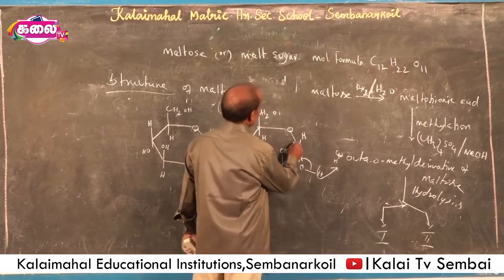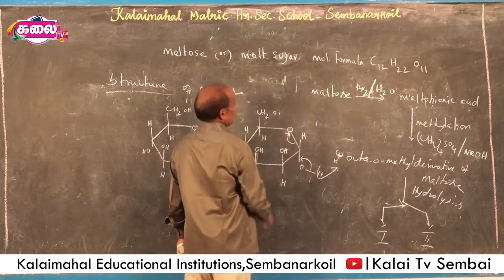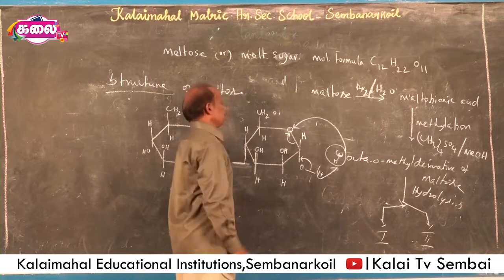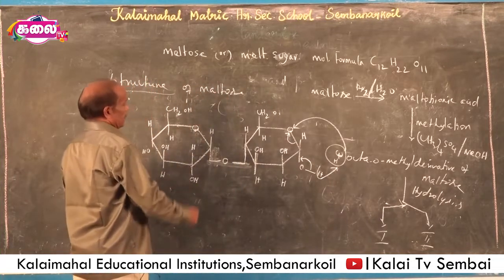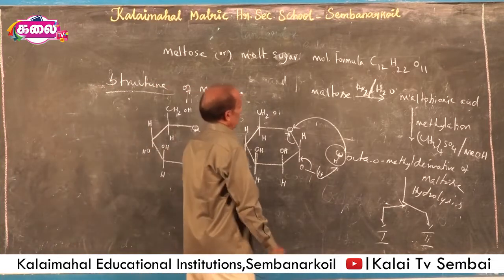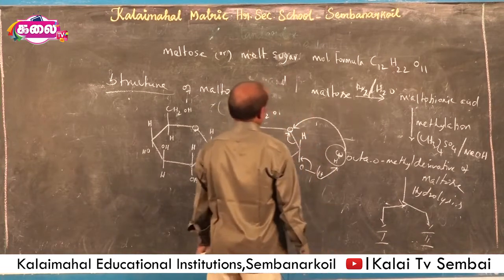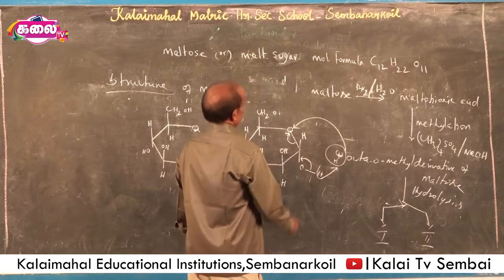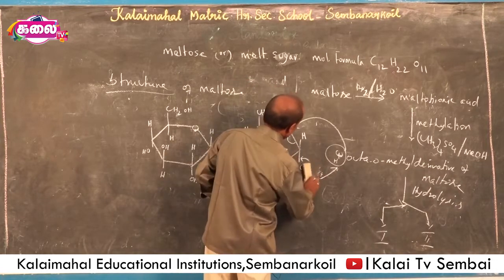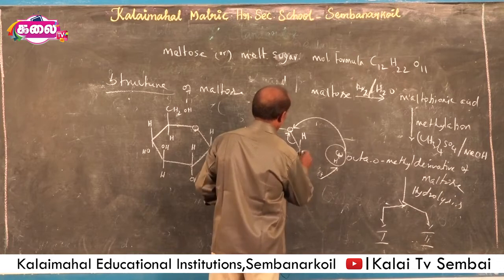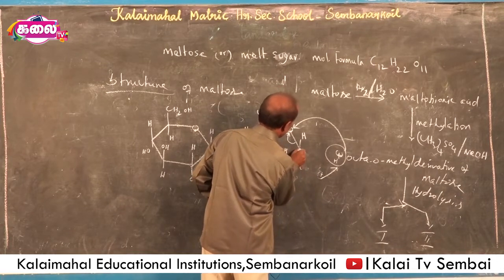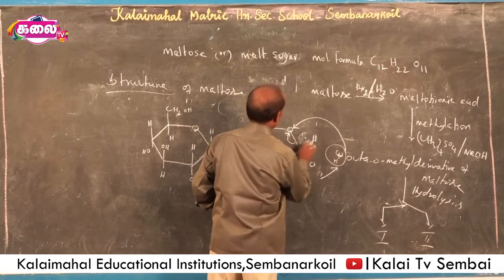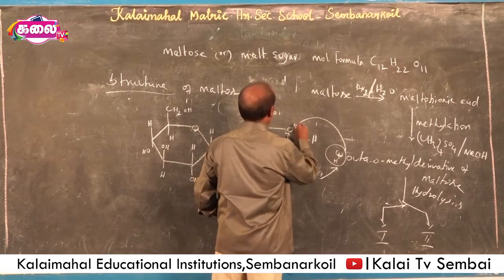At the same time, this bond shifts to the oxygen atom, and this H plus ion bonds to oxygen. So the double bond to O becomes OH.